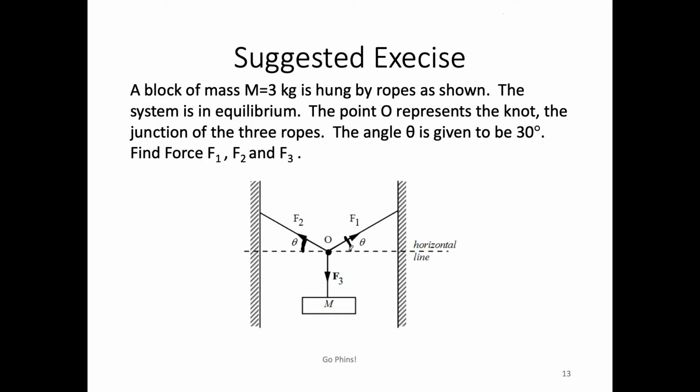We want to find out what are the forces F1, F2, and F3. Now, of course, F3 is going to be the weight, and then what is F1 and F2? I highly recommend you solve this problem to prepare for exam 2.